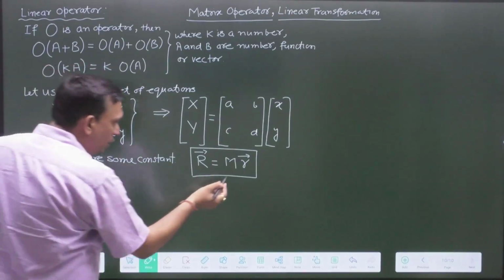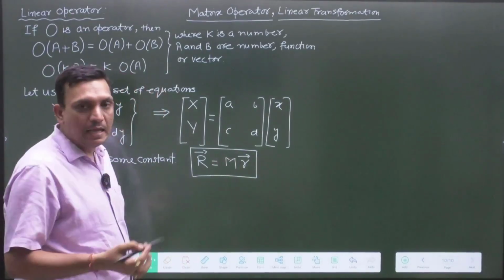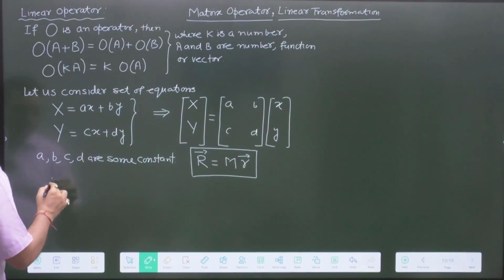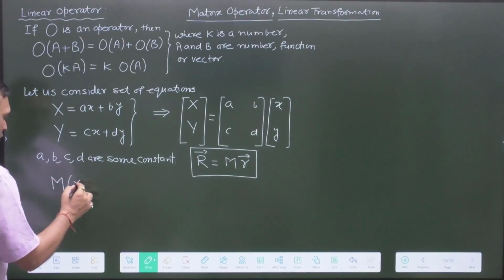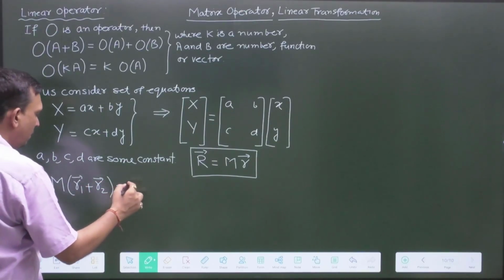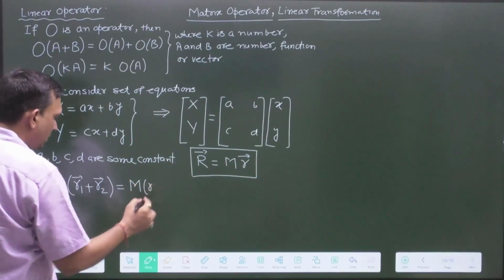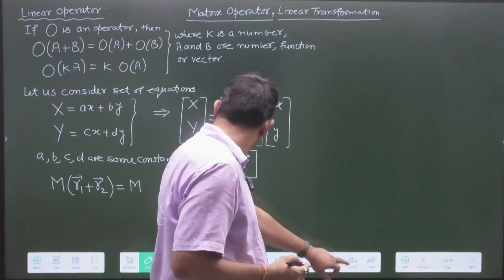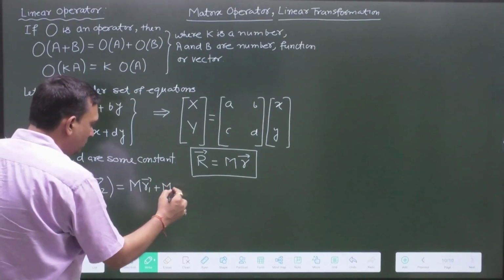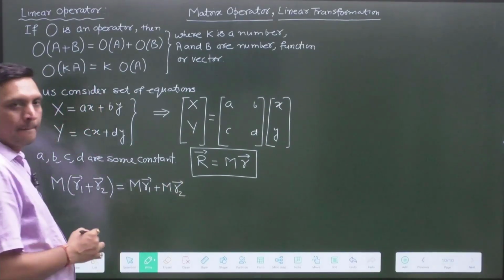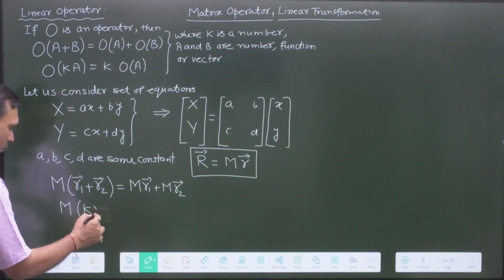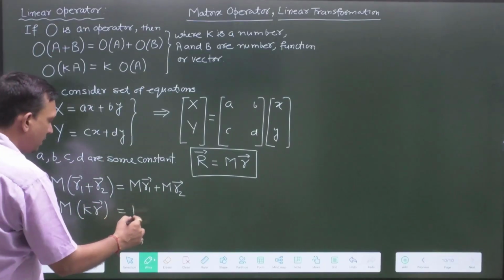So now you have to see that this matrix M is an operator. Why? Because if you operate this matrix on any two vectors r1 plus r2, this can be written as M r1 plus M r2, and also if K is some number, operating on some vector r, this can be written as K M r.